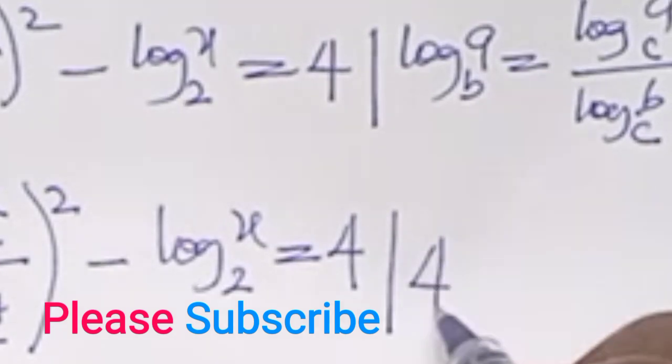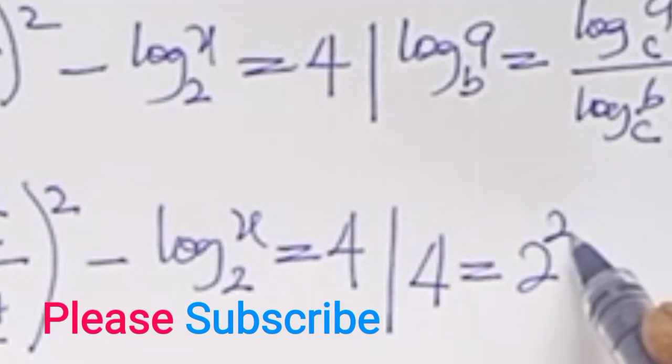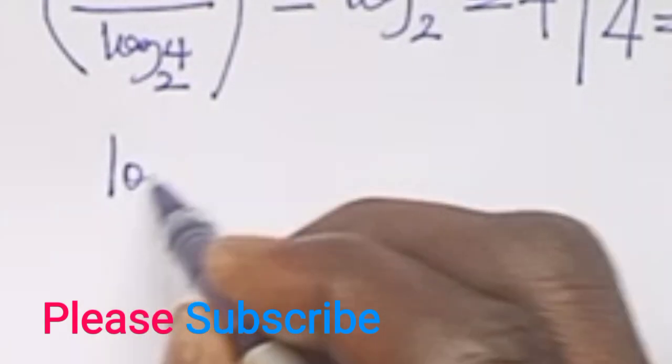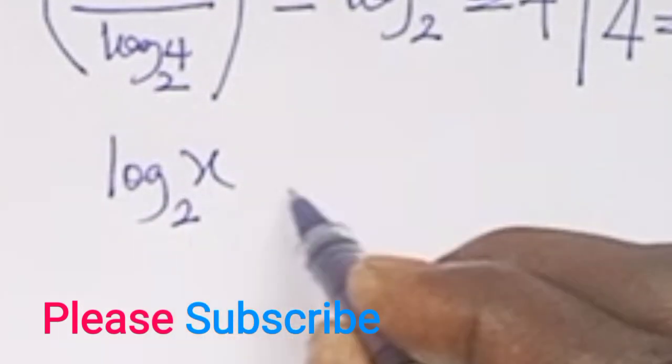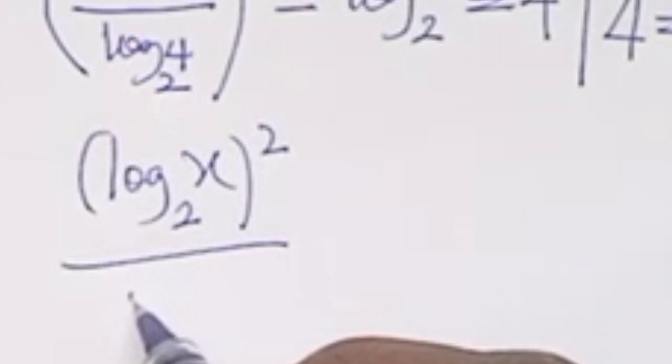And here, 4 can be written as 2 to the power of 2, so that our equation will become (log x to base 2) to the power of 2 all over (log 2 to the power of 2 base 2). Remember, it is squared also.